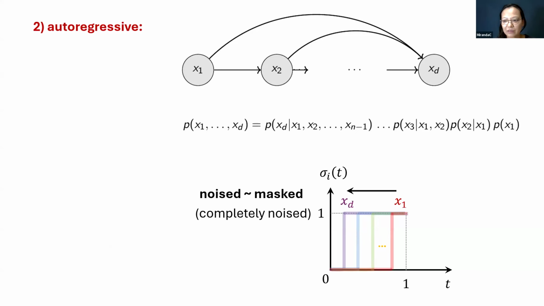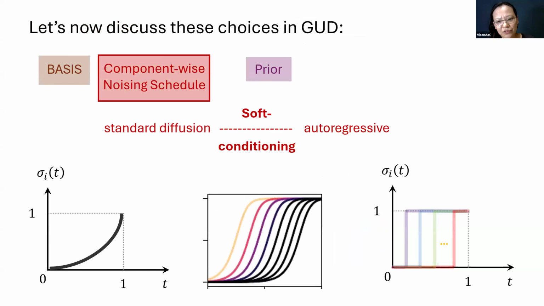And of course, you can make that very explicit and just implement this. Yeah. So of course, now you have infinite room to play between them. So this is what we call soft conditioning.